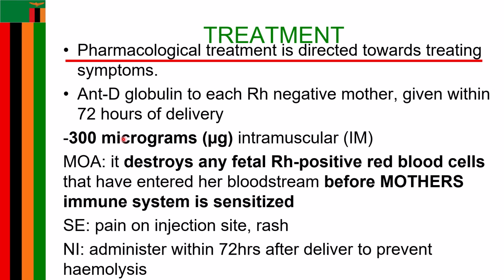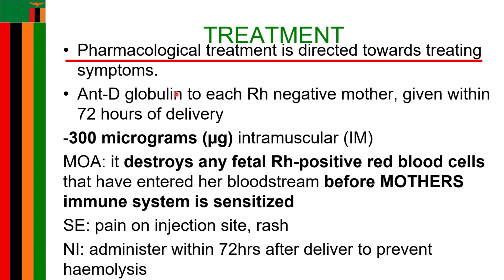So in this case, we can give anti-D globulin. This is given to the rhesus negative mother within 72 hours of delivery, and the dosage is 300 micrograms intramuscular, and the mode of action is that it destroys any fetal rhesus positive red blood cells before the mother's immune system is sensitized.